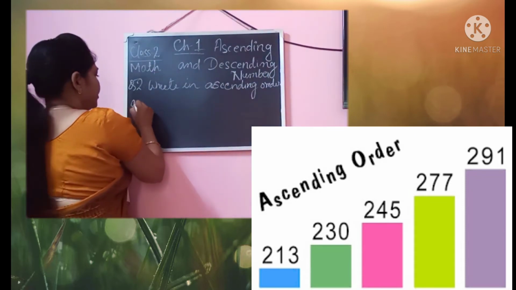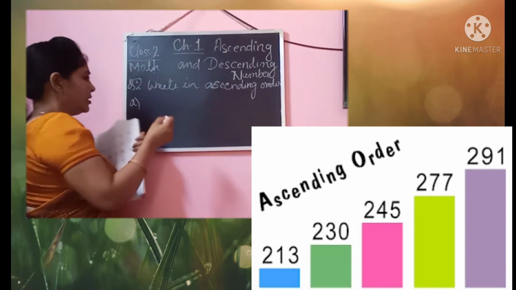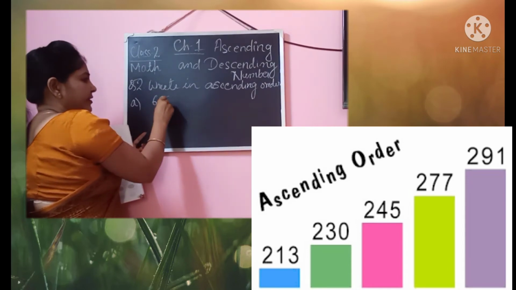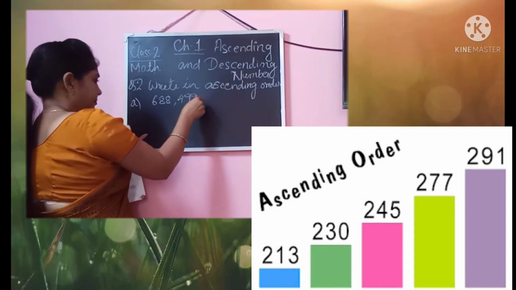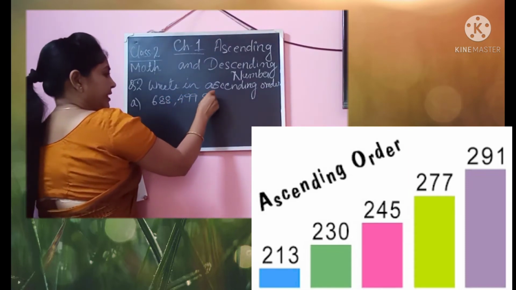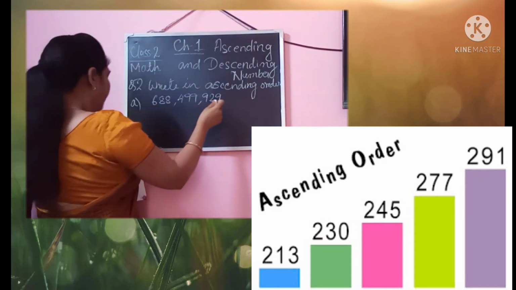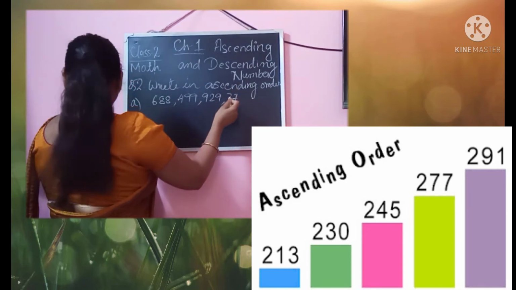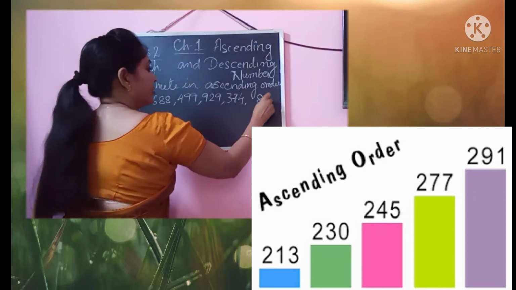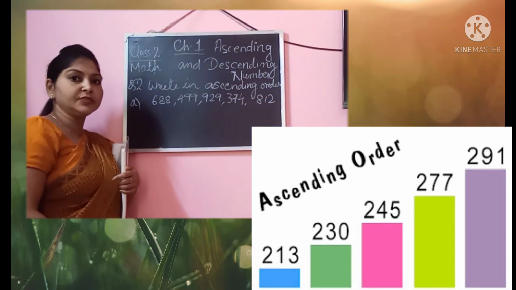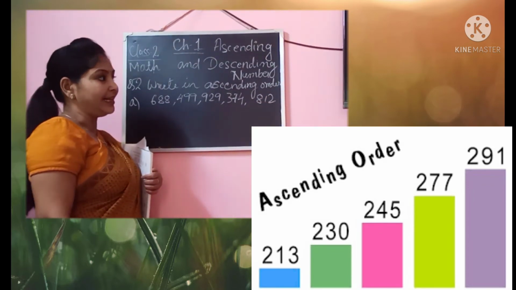Okay, first one, what are the numbers? 688, 499, 929, 374, 812. Now among these numbers we have to arrange them in ascending order.